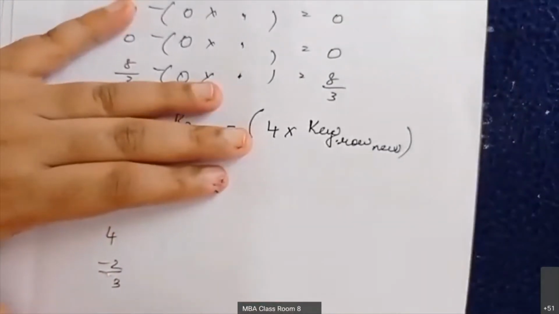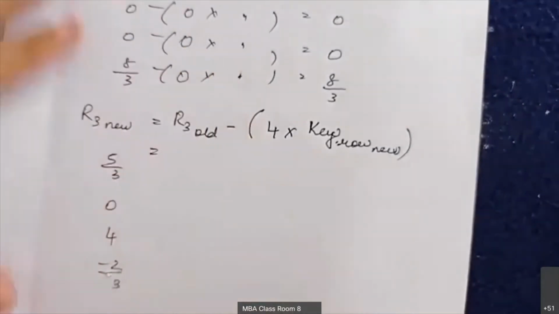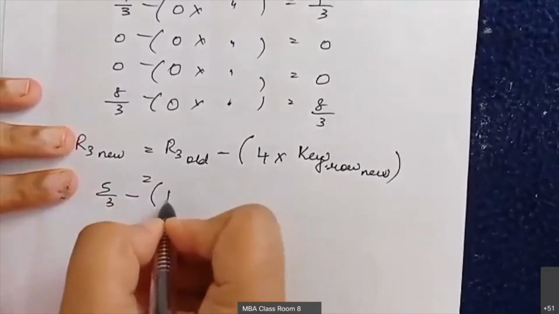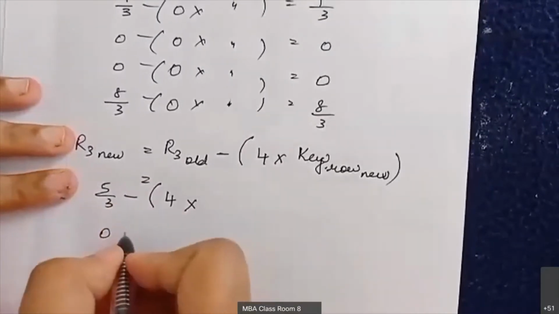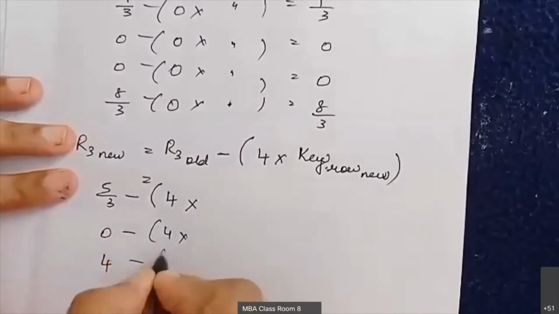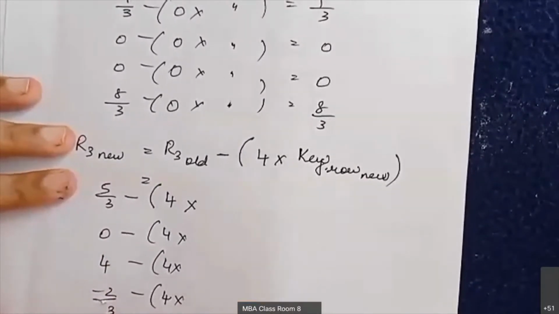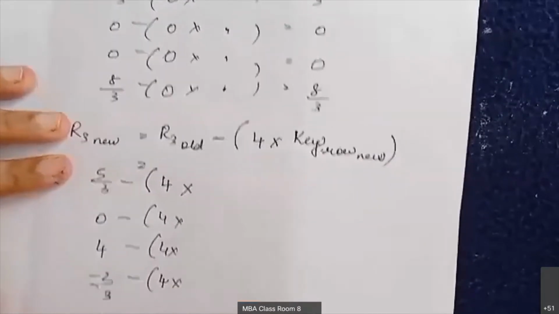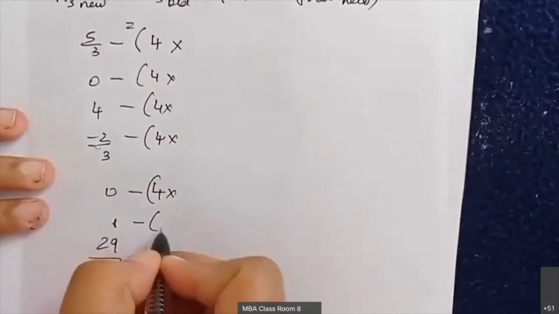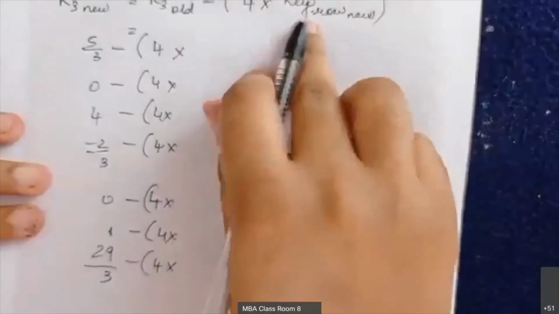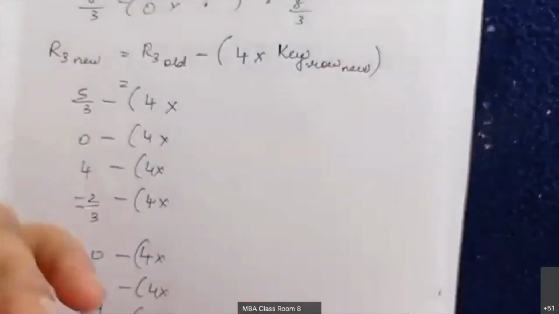Minus 4 multiplied by, I'm writing it down for every number. Now it is key row new, which we have already found out.